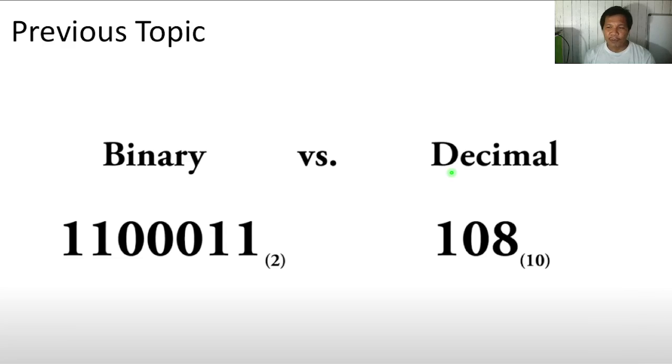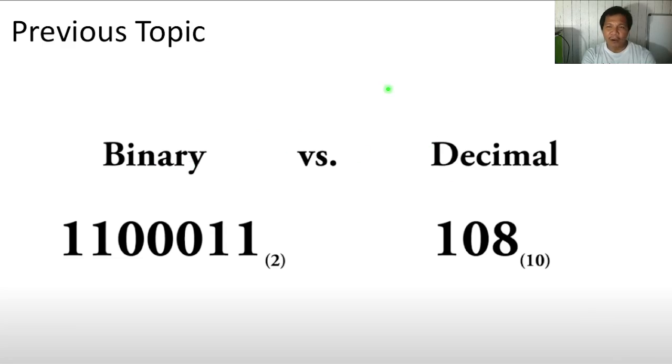During our previous topic, we studied about the binary numbers and decimal numbers and how we convert binary to decimal numbers. I want you to go back to this topic because these two are the most commonly used number systems.